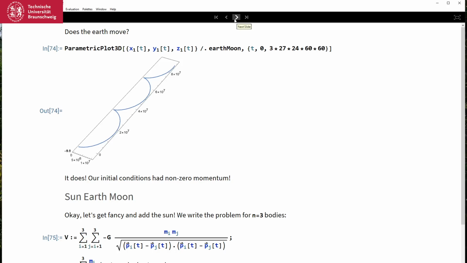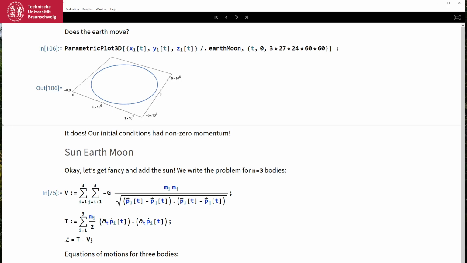So previously, without it, we saw it moving. Now it does not move.